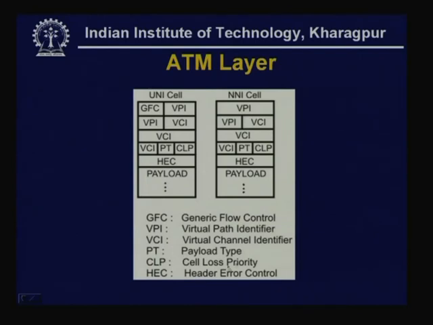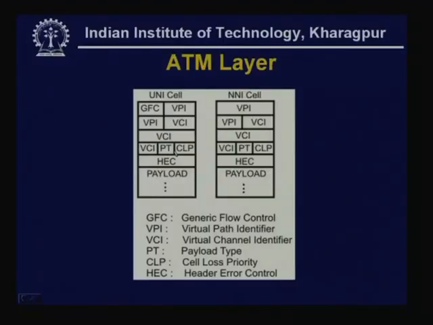So, this is your payload type, and CLP essentially provides you cell loss priority. There is only one bit specified for that, and the cell loss priority is used for congestion control. As we know, whenever congestion occurs, it may be necessary to discard packets, and that is done with the help of this bit.